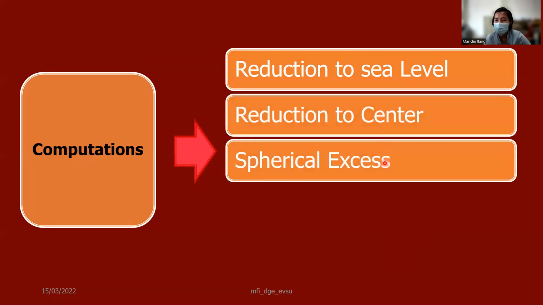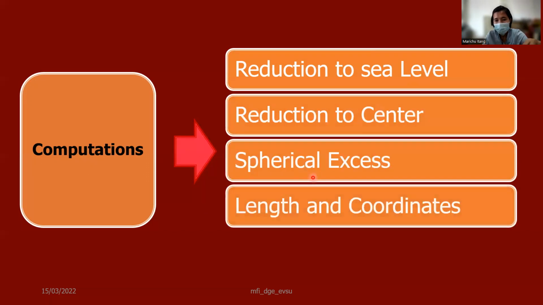We have the spherical excess. Since we are measuring on a plane, imagine when our designed triangle becomes a large-extent network, what will happen to our distance? It curves, since our Earth is not flat. So we need to apply spherical excess. We need to determine the error. Then we have the length and the coordinates.